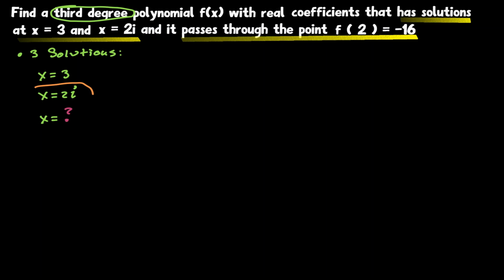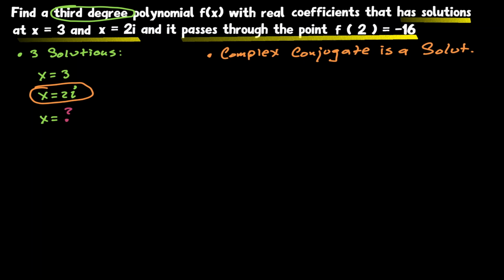But notice that our second solution here is a complex number. Well, remember that also the complex conjugate is a solution. So we are being given three solutions, but the third one is the complex conjugate of the second, which in this case is negative 2i.